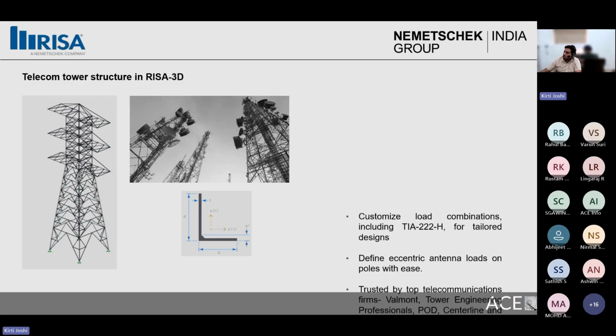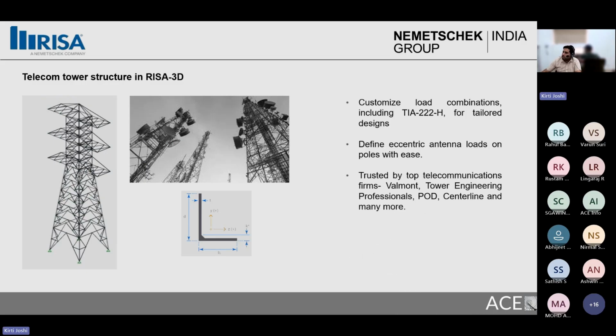And this is for those who are working in the telecom industry. RISA 3D can also be used for designing telecom towers. You can easily define the antenna loads or equipment weights, and you can apply the loads in multiple directions. The RISA software also supports the TIA-222 combinations, which is the standard for telecom tower analysis.